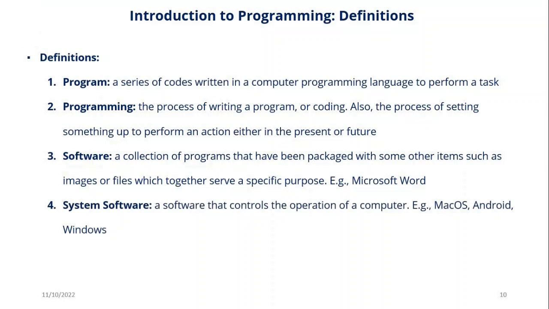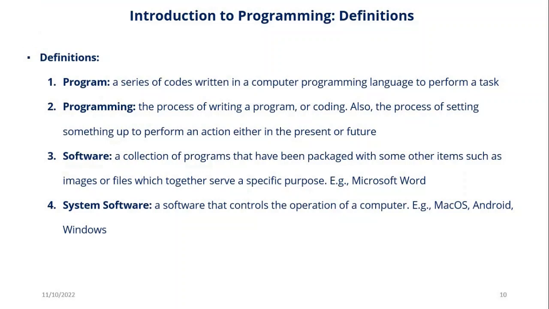There are different kinds of software which we see. One of them is called system software. What is a system software? It is the software that controls the operation of a computer. For example, when we started in the synopsis, I told you that for you to be able to follow this course, you need a computer that has a minimum of Windows 10 operating system or a Mac PC.